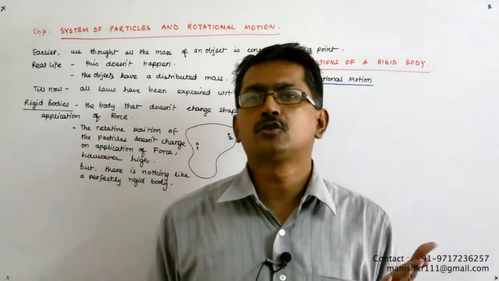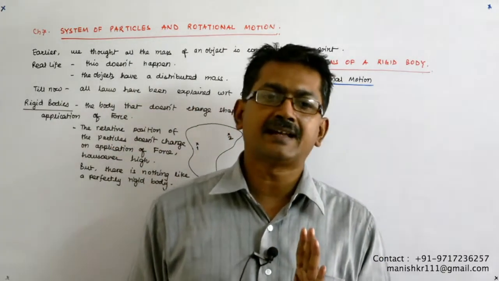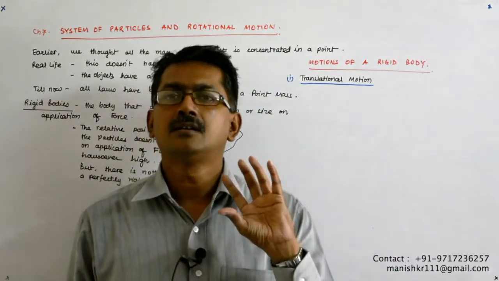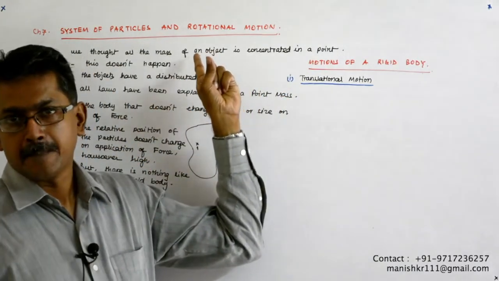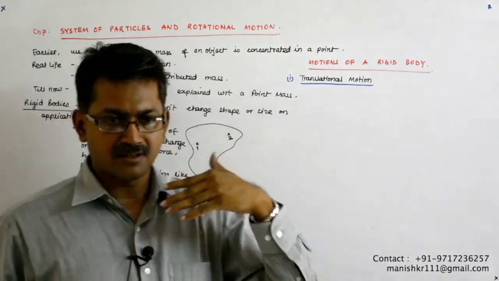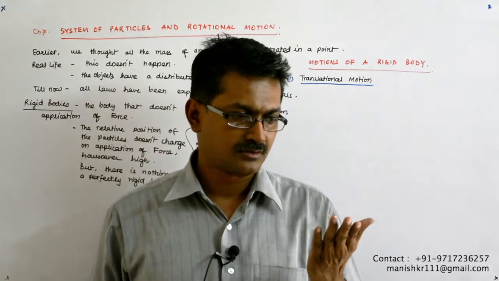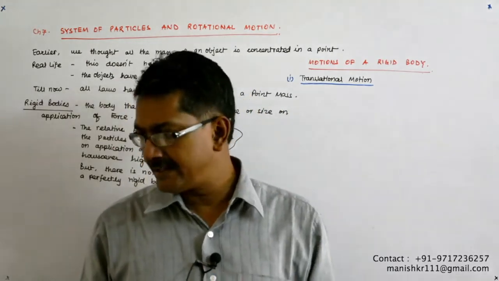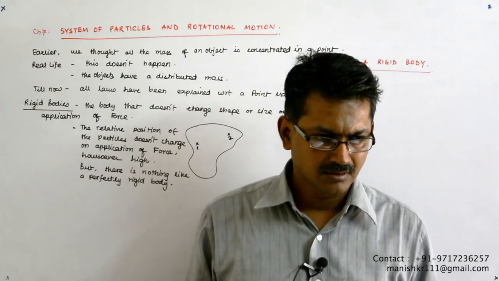And why are we trying to do this? We are trying to do this because there is some other kind of motion also that we see, that is a rotational motion. There is something called translational motion, there is something called rotational motion, right? So I drag a crate, that is a linear translational motion, right?